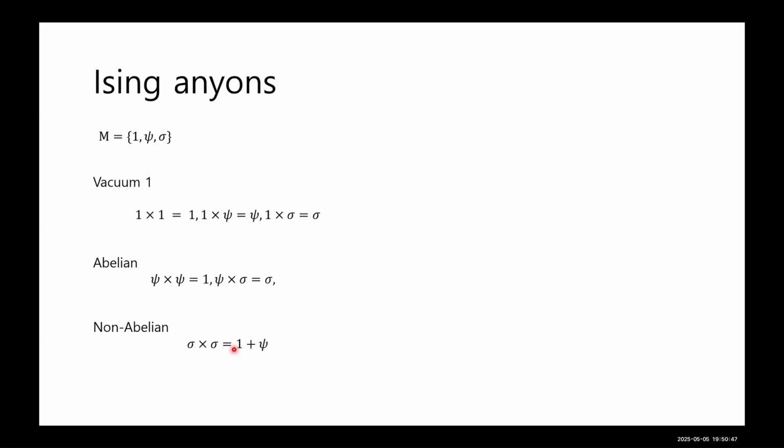Now let's see the Ising anyons. Ising anyon actually has 3 particles, that is environment, that means vacuum, and psi and sigma. So as I mentioned, fusion to the vacuum is particle itself. And if we try to make a fusion with this psi particle, their result is going to be 1 or sigma.